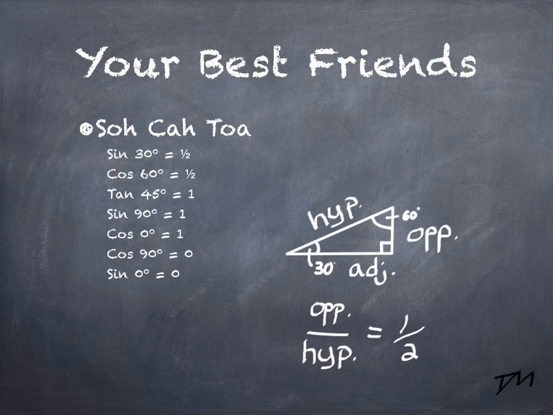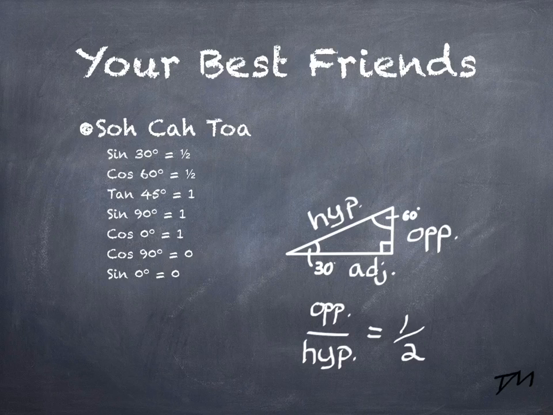Opposite divided by hypotenuse. In a 30, 60, 90 triangle, if we measure the length of the opposite and divide it by the hypotenuse, we see that the ratio is 1 over 2. What that means is the hypotenuse is always twice as long as the opposite length, the length that's opposite the 30-degree angle.